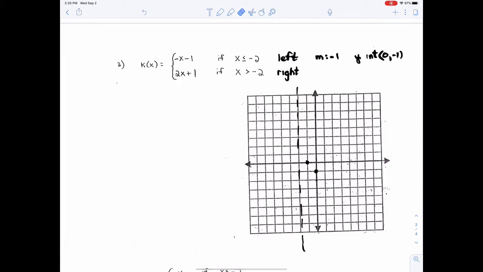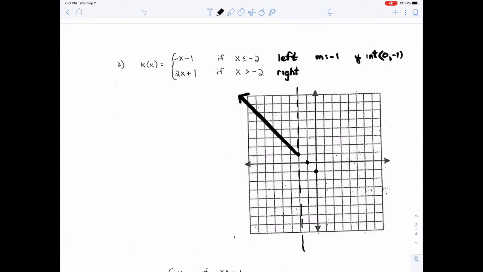Again, draw it as best you can. Okay, and that's the graph -x minus 1 to the left of the dividing line. All right?